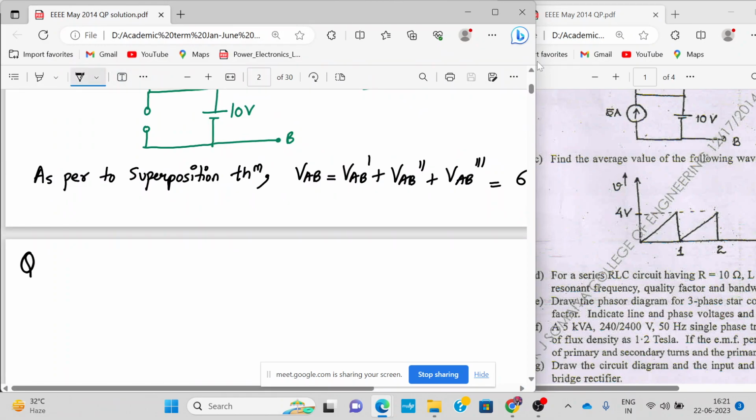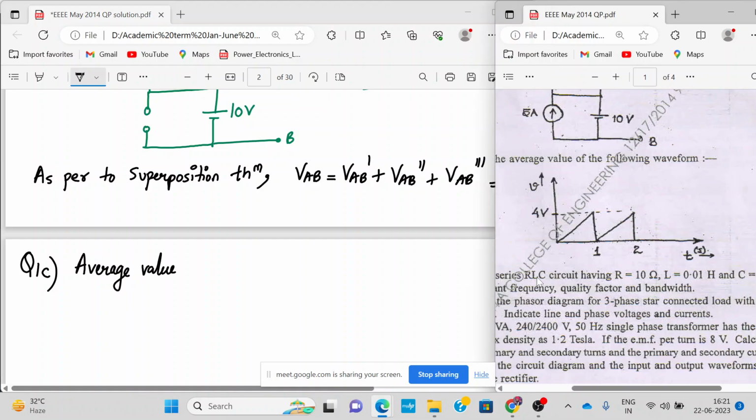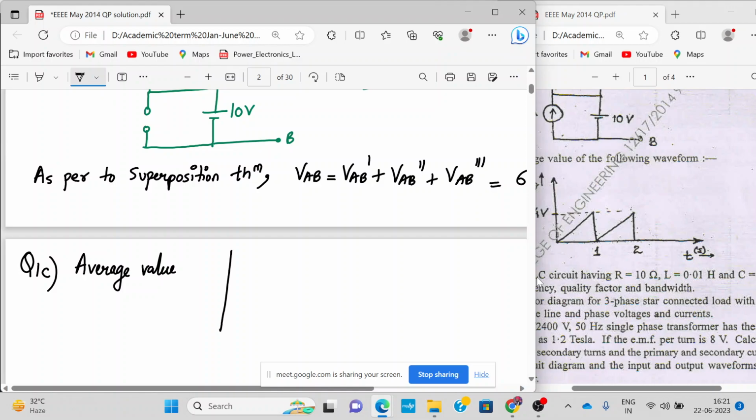Question number 1C. So we need to find the average value of the following waveform. This is the waveform given to me. I'll redraw it once. This is time in seconds, and the waveform looks something like this.